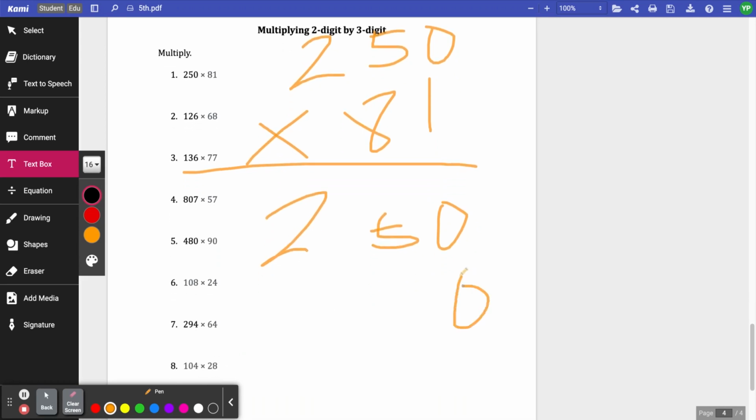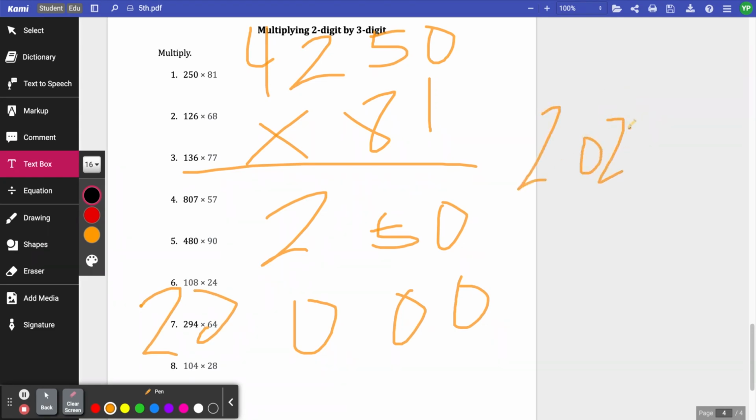Then you put a placeholder, and you do 8 times 0 is 0. 8 times 5 is 40, so you put the 4 here. And then 8 times 2 is 16. 16 plus 4 is 20. Then you get 20,250. So number 1 is going to be 20,250.